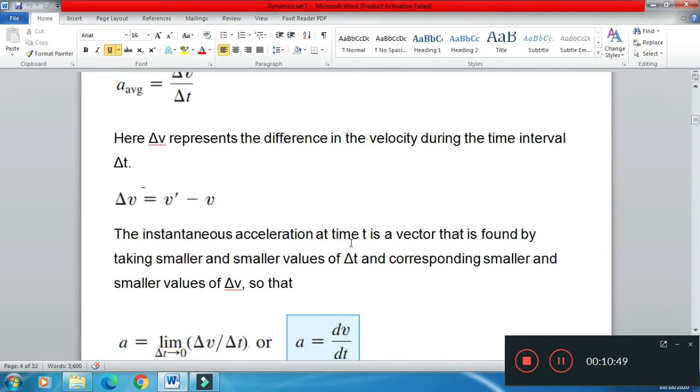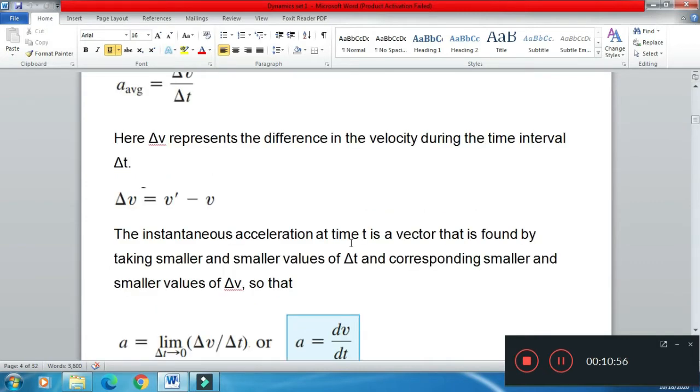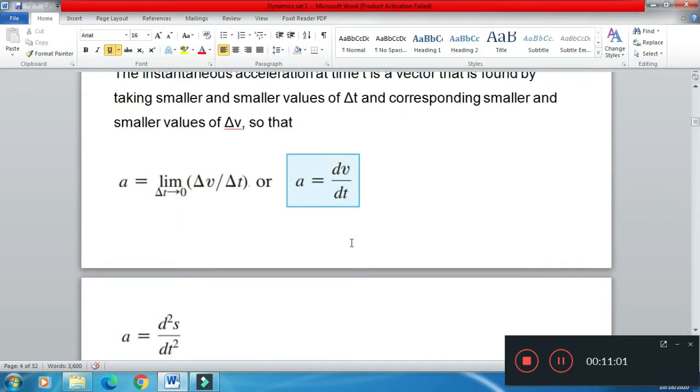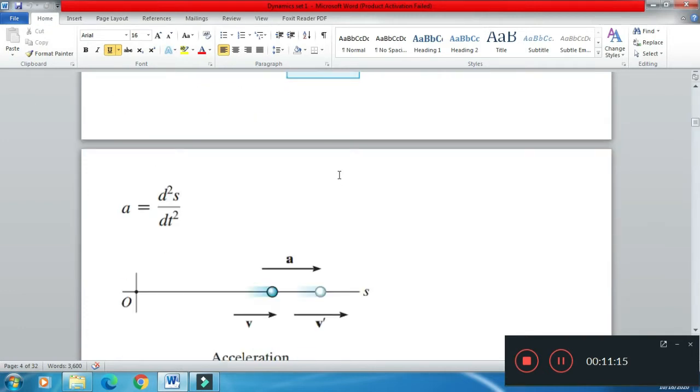So the two velocities will give the difference delta v, and delta v divided by delta t will give the average acceleration. Again, if the time interval is small, it approaches 0, then in that case we will have instantaneous acceleration, which will be dv over dt. Since v is equal to ds over dt, the acceleration can be written as the second differential of the displacement.